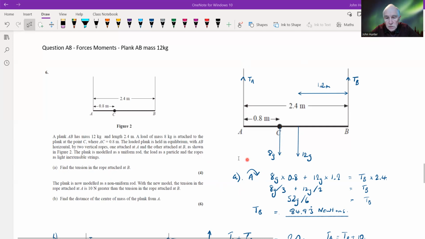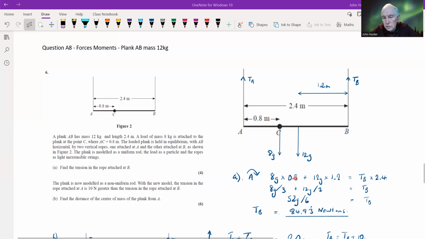Okay, so this is relatively straightforward. If we take the moments, we can take the moments about any point, but in order to resolve this most simply, if we take the moments about A, then we're eliminating this force. So we basically end up with an equation in TB. If we take the clockwise moments, then we've got the force times the distance from our point of reference.